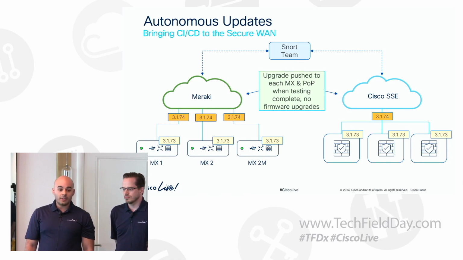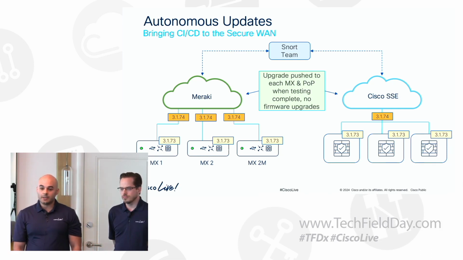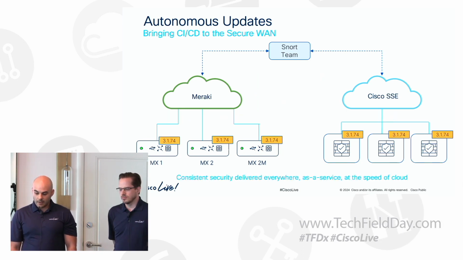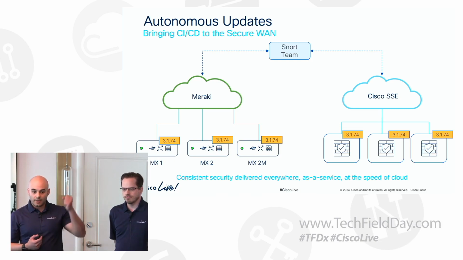Once testing has been completed and all the QA is done, we push that update out to our MXs. And the same can be done from the Cisco SSE to their POPs. After they're all upgraded, this is done without any firmware updates at all. It's just strictly, like I said, pushed from the cloud, tested in the cloud, and then updated at the node.